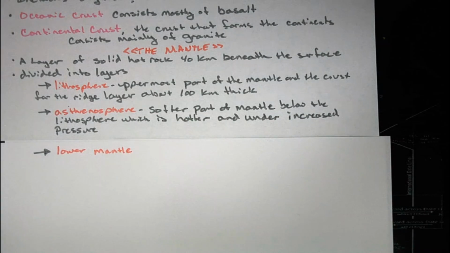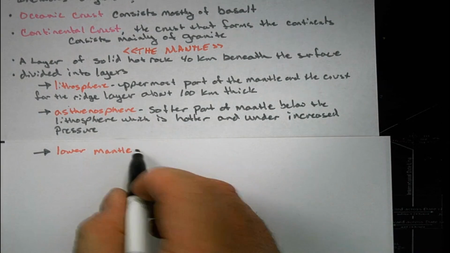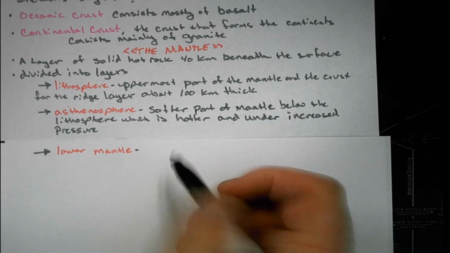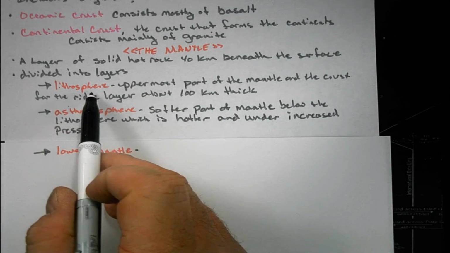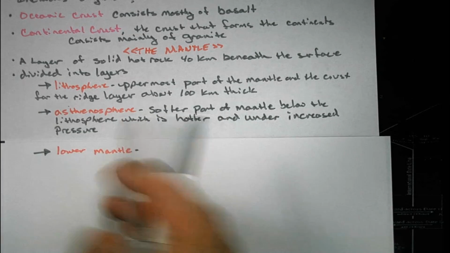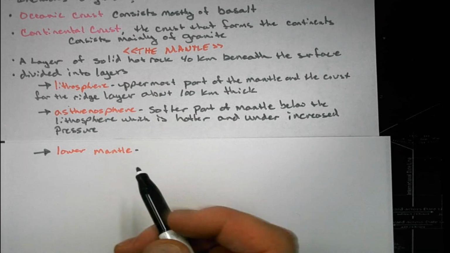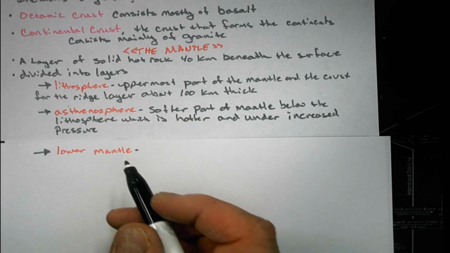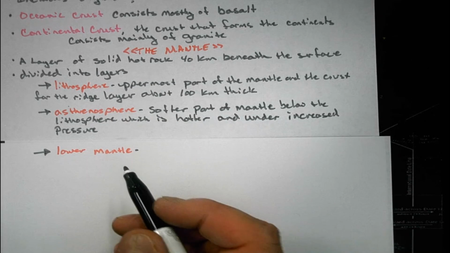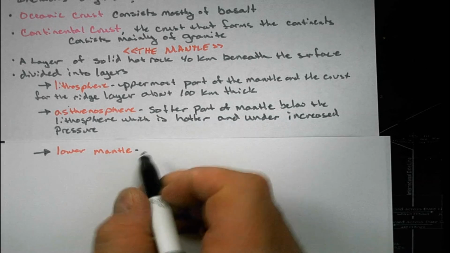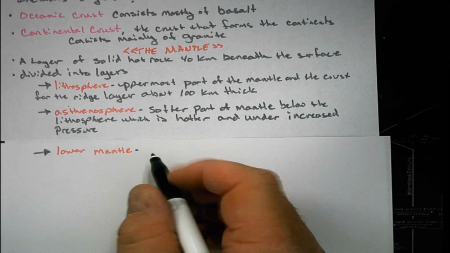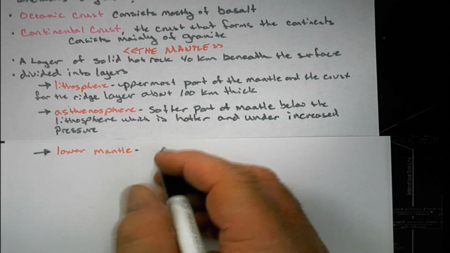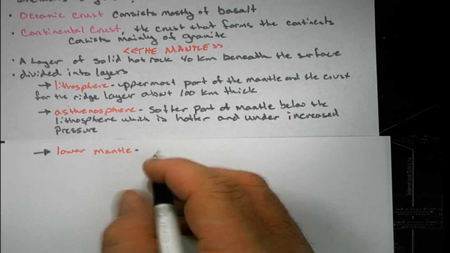Asthenosphere, A-S-T-H-E-N-O. Then underneath the asthenosphere is the lower mantle, which is the solid material extending all the way to the core.